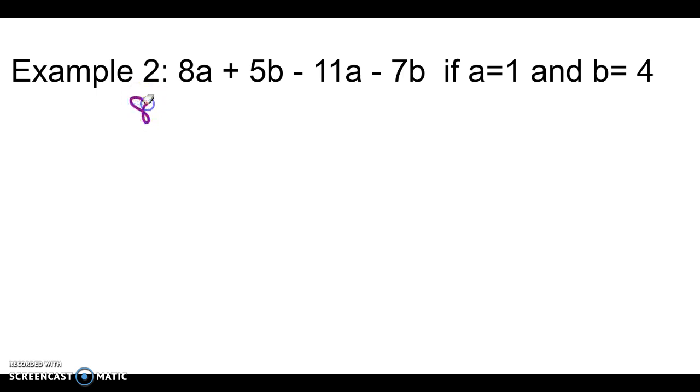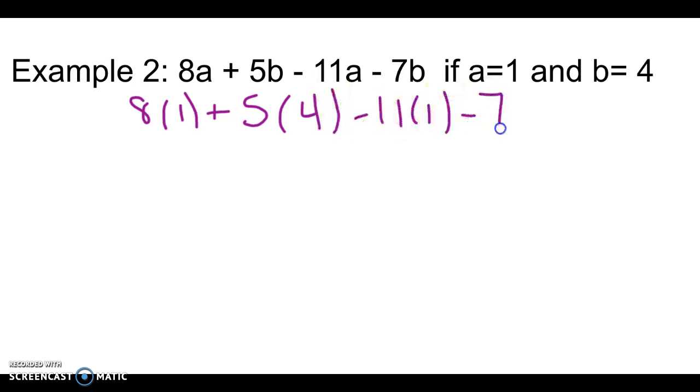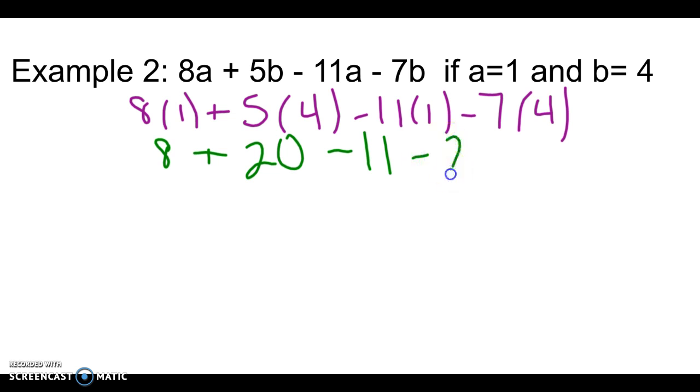So 8 times 1 plus 5 times 4 minus 11 times 1 minus 7 times 4. Okay, so we're going to go through this and start multiplying. So 8 times 1 is 8 plus 5 times 4, which is 20, minus 11 minus 28.